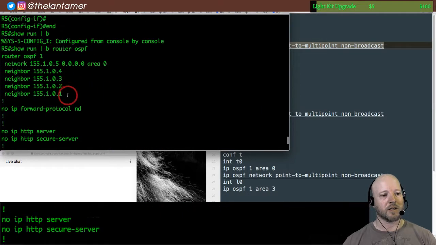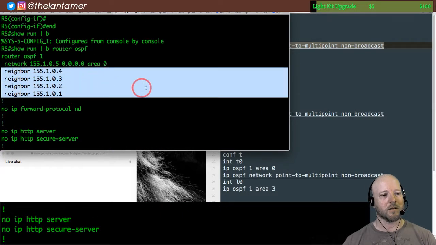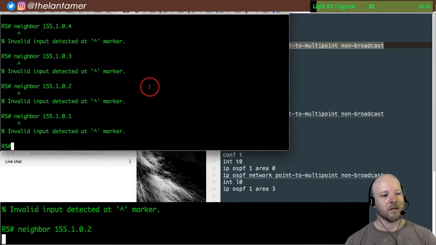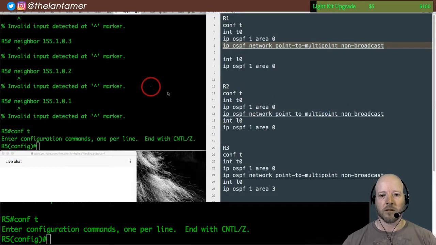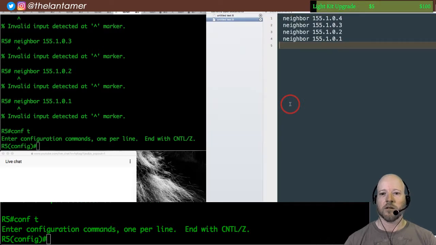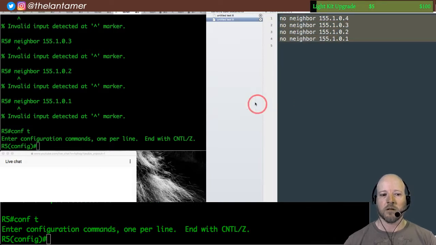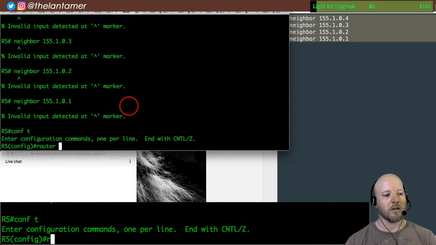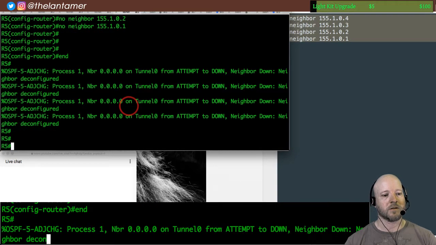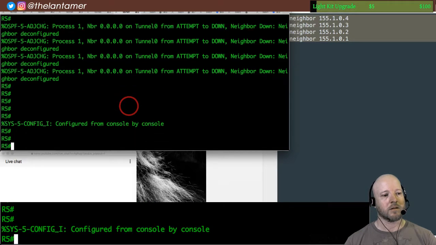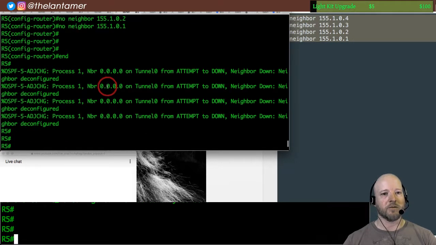Yeah, and we need to take all these out. Router OSPF 1. Neighbor deconfigured.